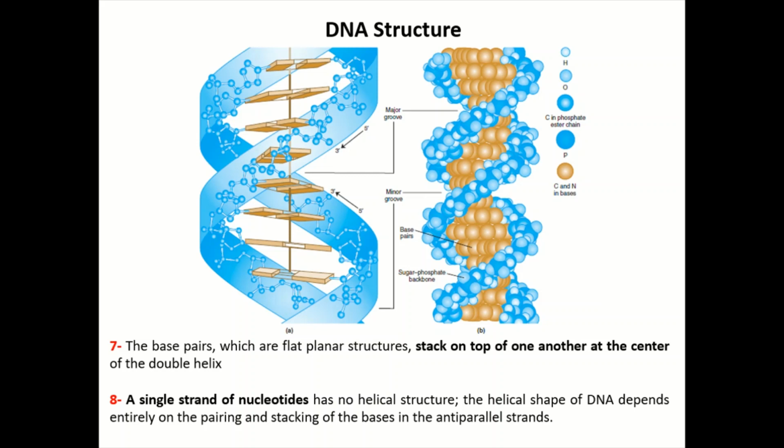Similarly, the base pairs, which are flat planar structures, stack on top of one another at the center of the double helical structure. A single strand of nucleotide has no helical structure because that is the property of the double strand. The helical shape of DNA depends entirely on the pairing and stacking of the nitrogenous bases in the antiparallel strands.